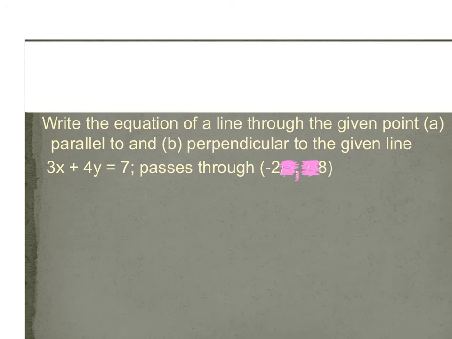If two lines are parallel to each other, this means that they have the same slope. If two lines are perpendicular to each other, this means that their slopes are opposite reciprocals.